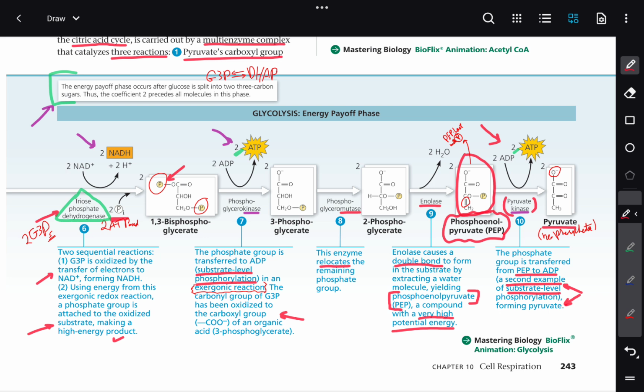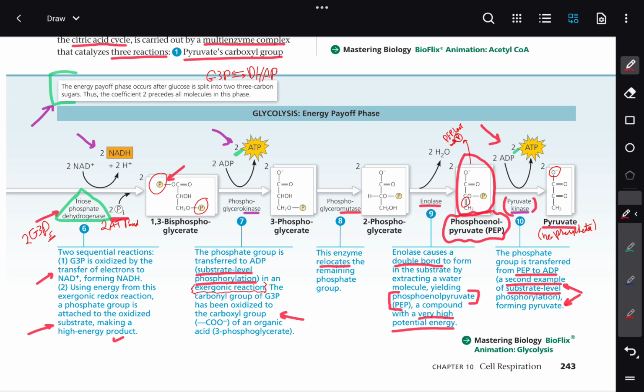They will substrate level phosphorylate ADPs. Also, we have to keep in mind that now we're dealing with 2 molecules, because each is a 3-carbon molecule, G3P, 2 G3Ps, and the end product is 2 pyruvates.